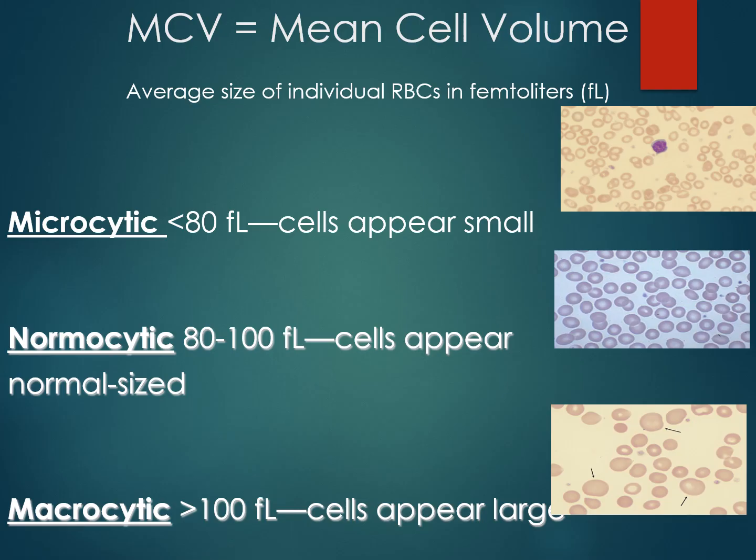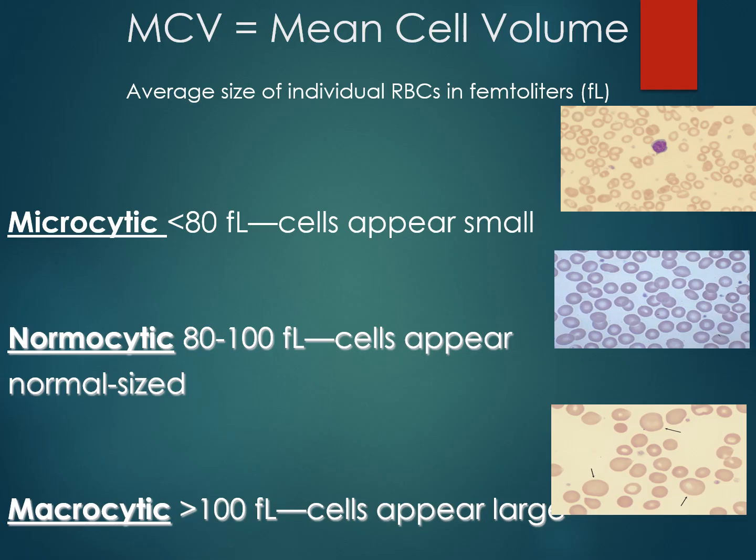A normocytic red blood cell population would be within the normal range of MCV between 80 and 100 femtoliters. And again, these cells look more normal size. They have that nice central pallor, lots of color. They're just looking great. And then we have macrocytic red cells of greater than 100 femtoliters. And of course, these cells appear much larger.